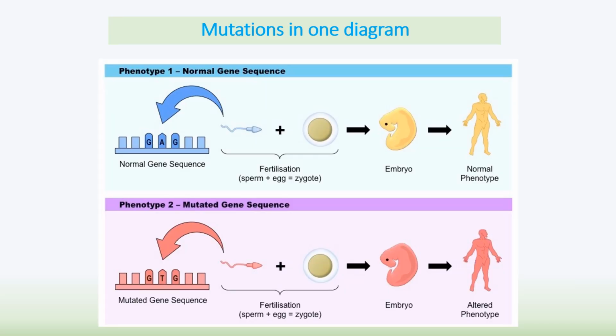Effectively, this diagram shows you gene mutations in one diagram. Here you see phenotype 1, which is normal. There is a mutation here. You can see that this is T rather than A, and that has caused a change in the phenotype of the egg or sperm cell in this case, which has then taken that impact onto the offspring as a result.